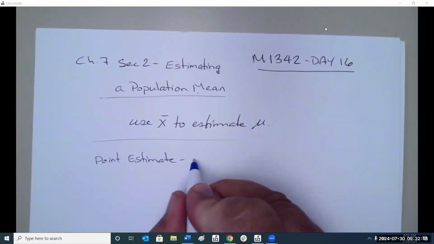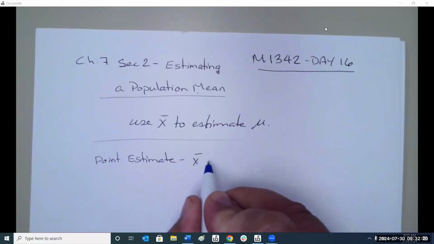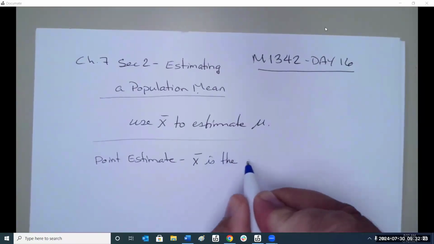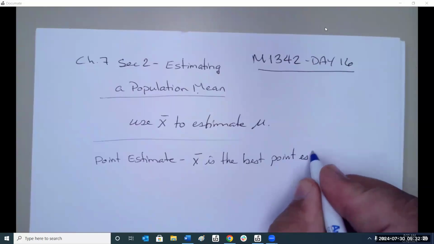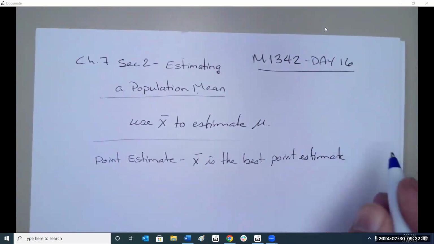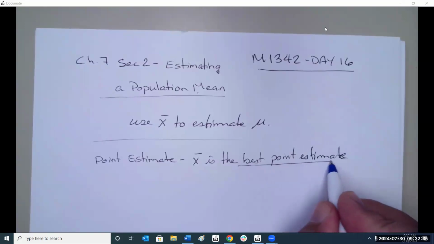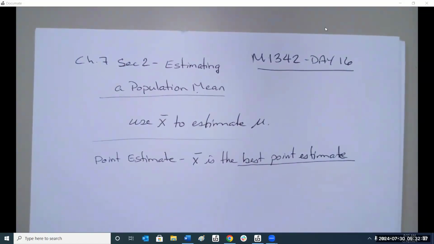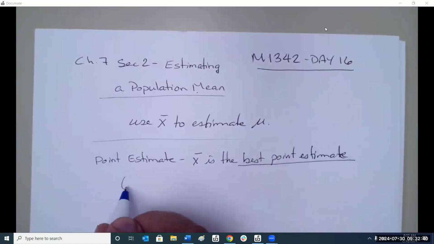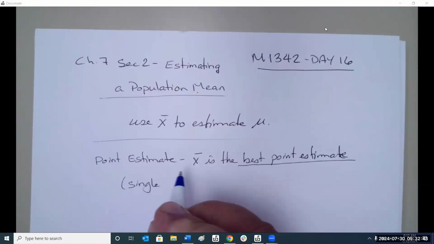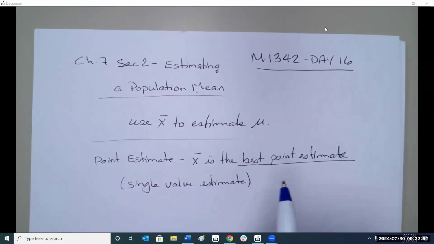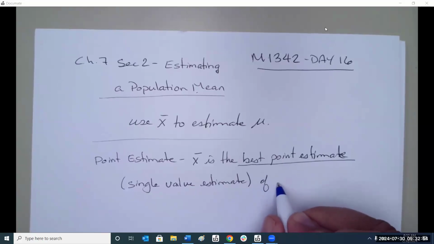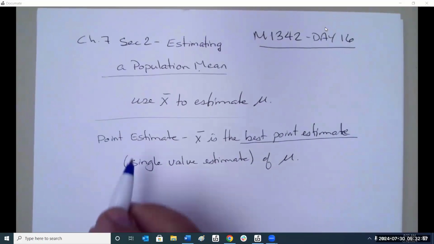What we talked about yesterday is that the sample mean is the best point estimate. Another name for that is a single value estimate of the population mean.